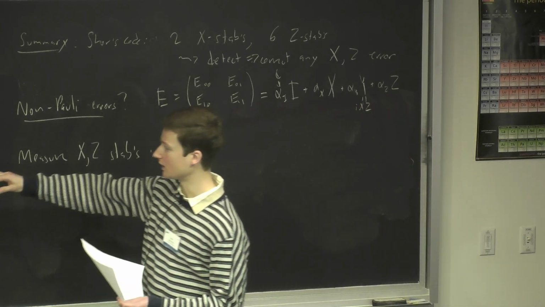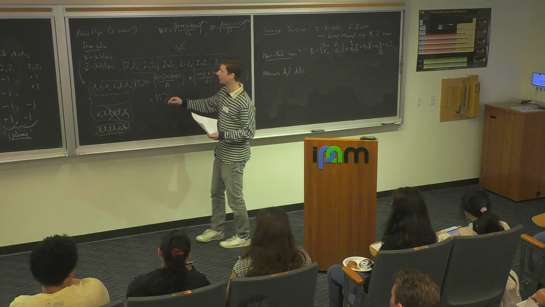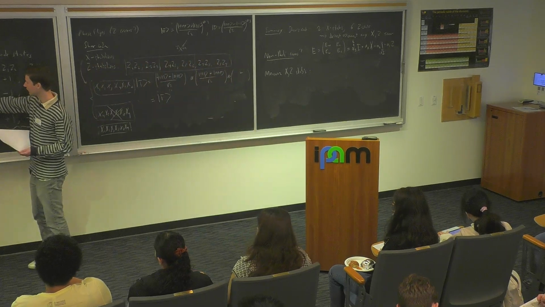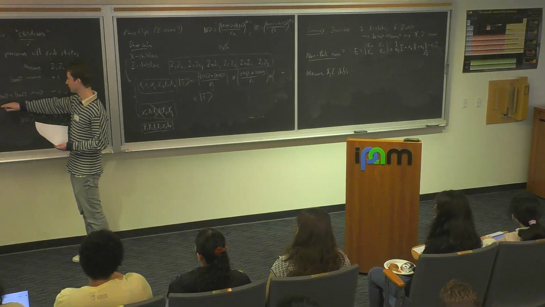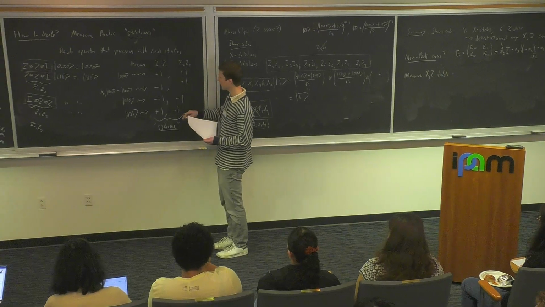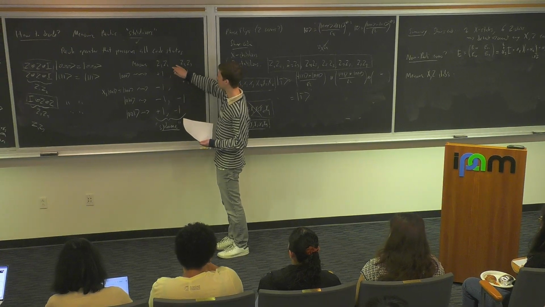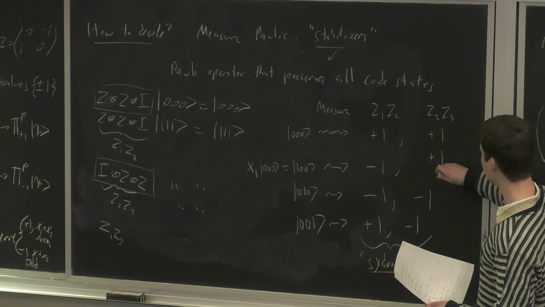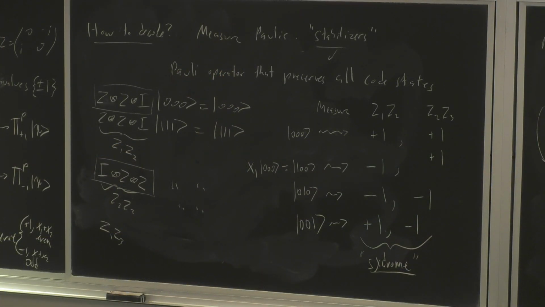For instance, even in the repetition code, if we have the 000 state and we apply a Pauli X error, the resulting state 110 lies in an eigenspace of both of our stabilizers. It lies in the -1 eigenspace of Z1 Z2, and the +1 eigenspace of Z2 Z3.